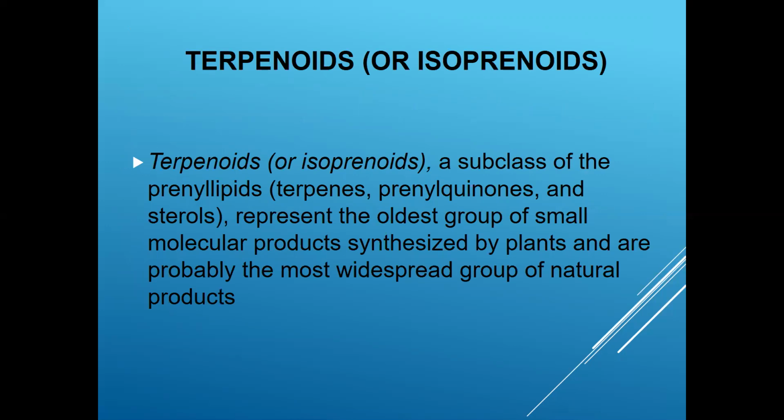Terpenoids or isoprenoids. Terpenoids, a subclass of the prenyl lipids, along with terpenes, prenylquinones, and sterols, represent the oldest group of small molecular products synthesized by plants and are probably the most widespread group of natural products.